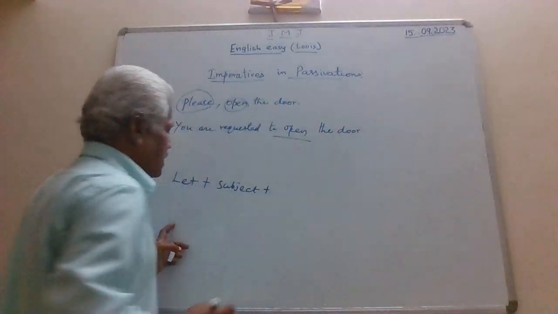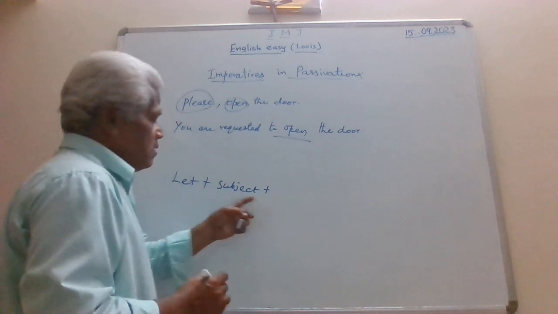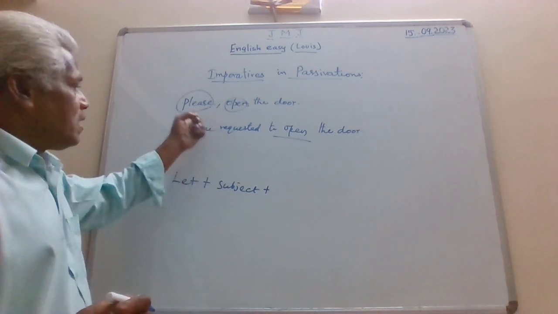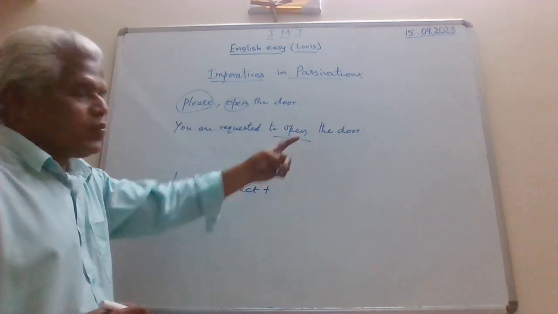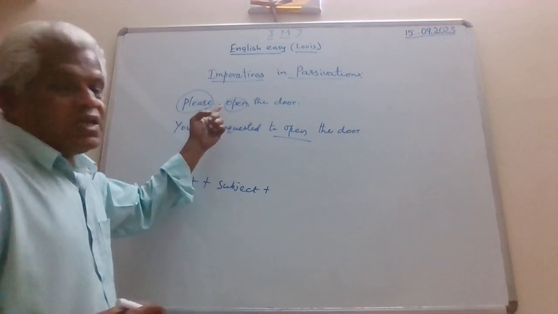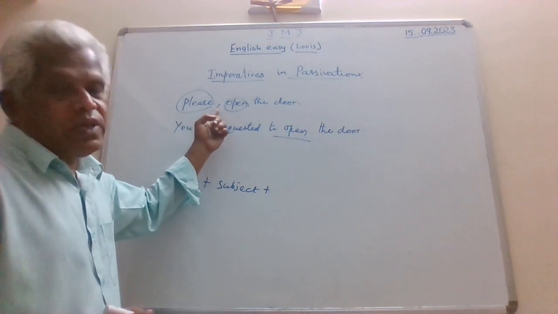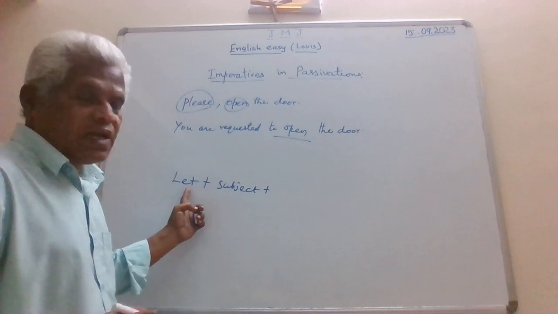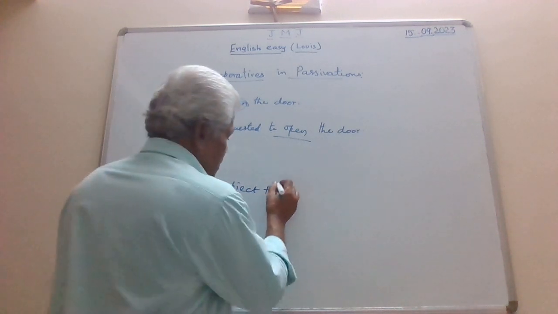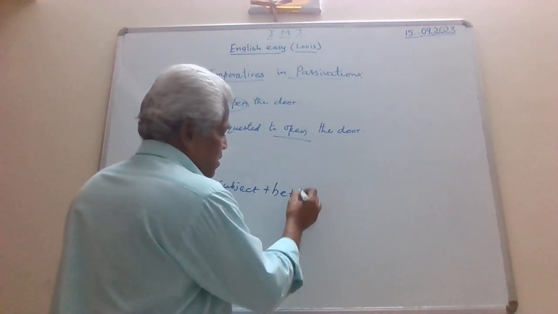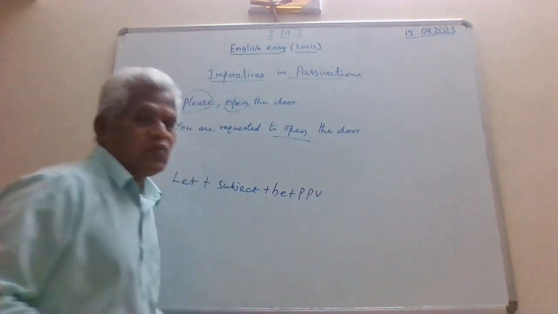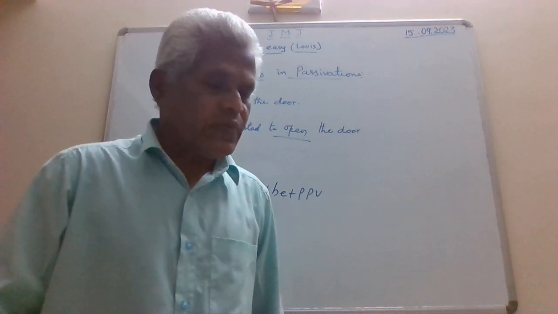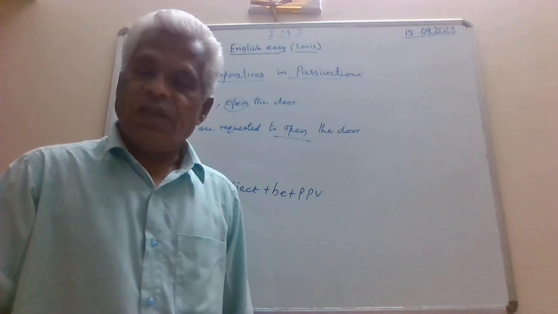Subject, and then what have you written here? You are requested to open the door, or let the door be opened. So you have written let, subject, and then be, plus the past participle form of the main verb here. Okay?